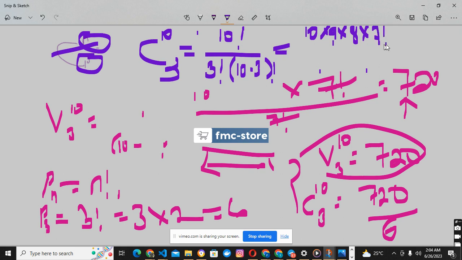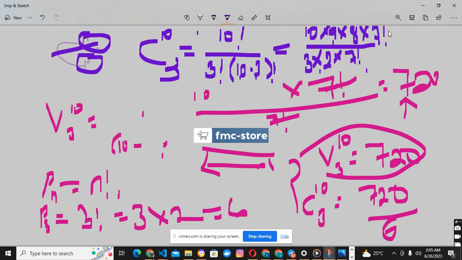Let's stop at 7 factorial so that we won't get confused. 7 factorial also means 7 times 6 times 5 times 4 times 3 times 2 times 1. What is 3 factorial? 3 times 2. And 10 minus 3 is 7, so that is 7 factorial.